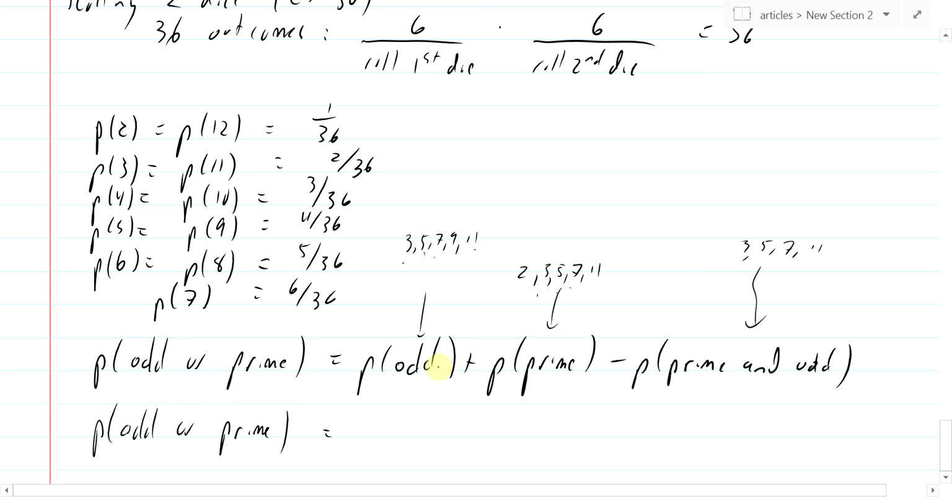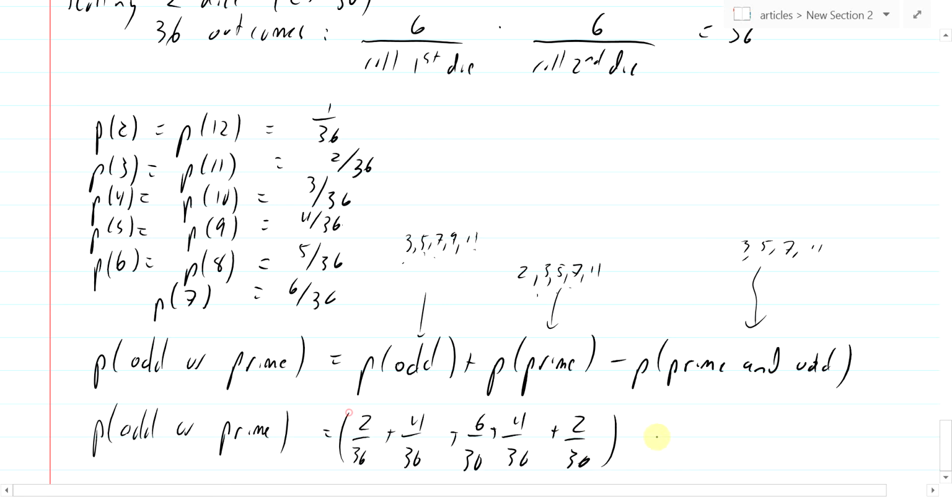Well, the probability of getting a 3 is 2 out of 36, plus probability of getting a 5 is 4 out of 36, plus a 7 is 6 out of 36, plus a 9 is another 4 out of 36, plus 11, which is a 2 out of 36.